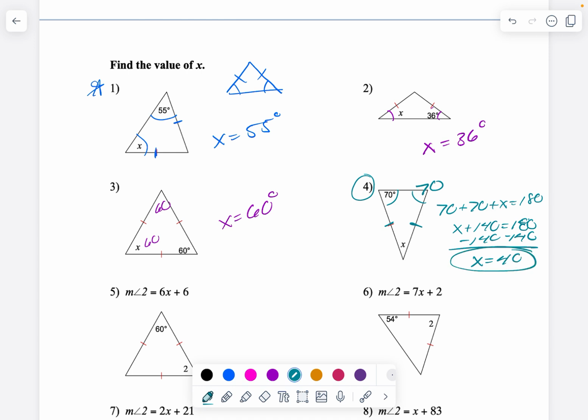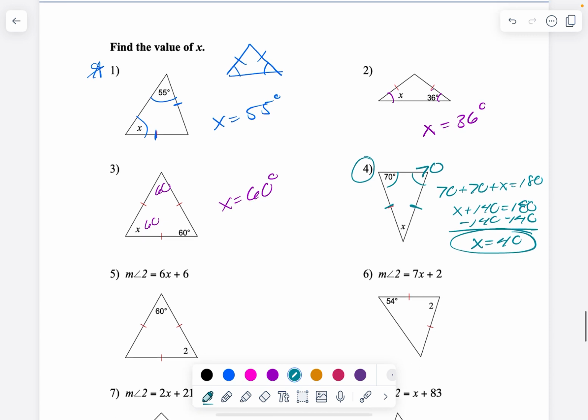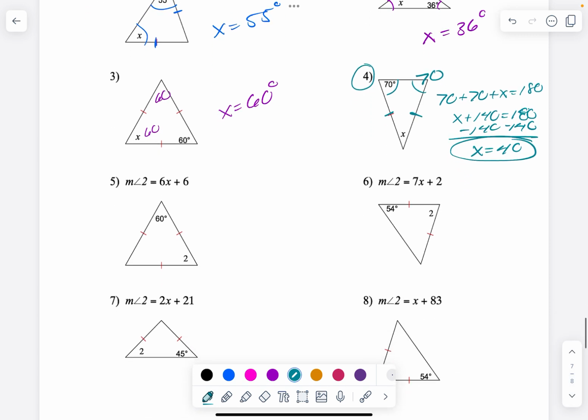So we have to do a little bit of work there, but we're still using the property that the base angles are congruent. Now, for these last problems, it's even more interesting because it's kind of like we're finding angle 2, but then it also tells us that angle 2 is equal to 6x plus 6. So first of all, we look at the triangle and we say, all these have to be 60 because it's an equilateral triangle.